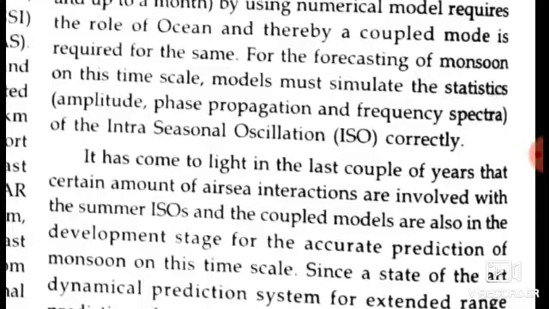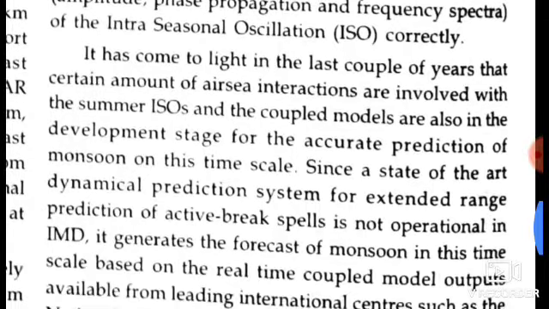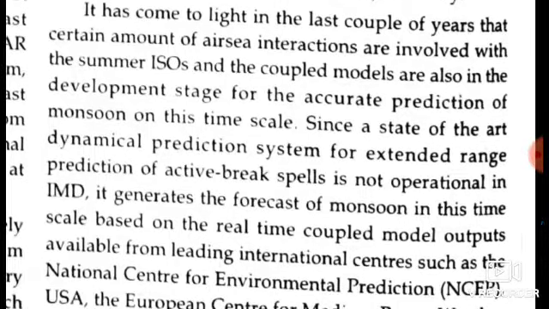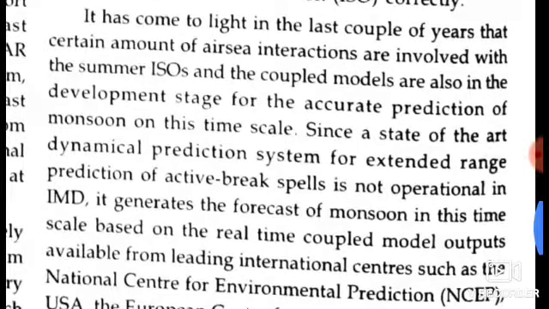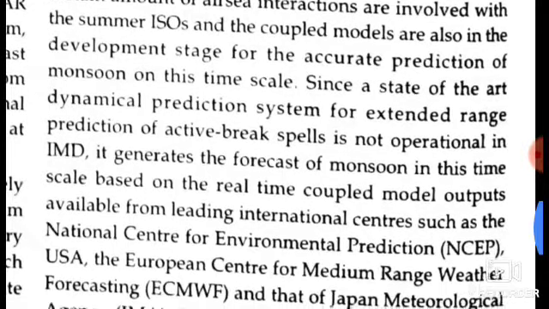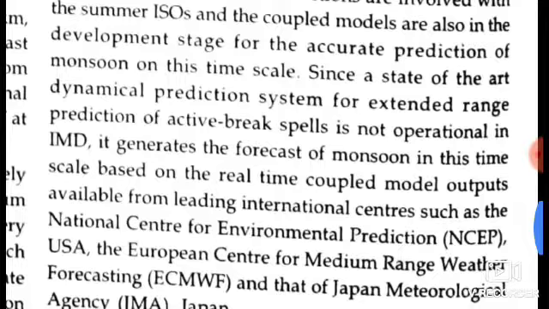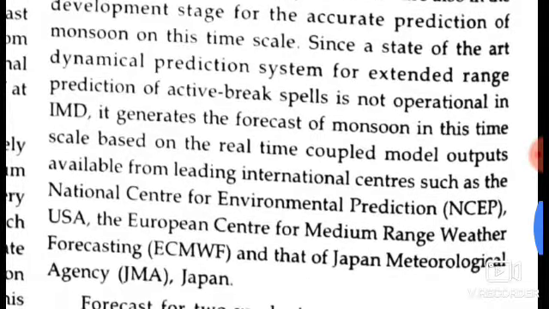It has come to light in the last couple of years that certain air-sea interactions are involved with the summer ISO, and the coupled models are still in the development stage. For accurate prediction of monsoon on this time scale, since state-of-the-art dynamical prediction systems for extended range, extended range prediction of active and break spells is not operational.